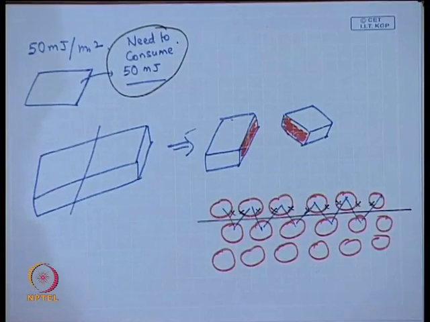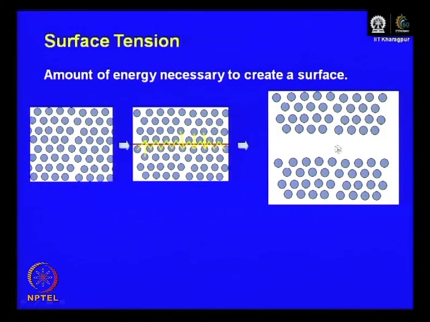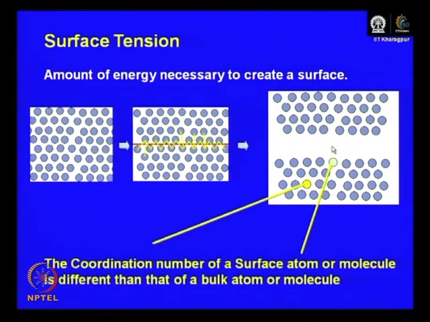Now, if you look into this figure carefully, suppose you look at one molecule. This is the same material, do not forget this. You had a uniform bulk material which you have cut into two. So, all the molecules are the same, the material is the same, the ordering is the same, but if you now investigate in detail two particular molecules, one present at the surface and one present in the bulk, you can see that the coordination number of the bulk molecule is different.